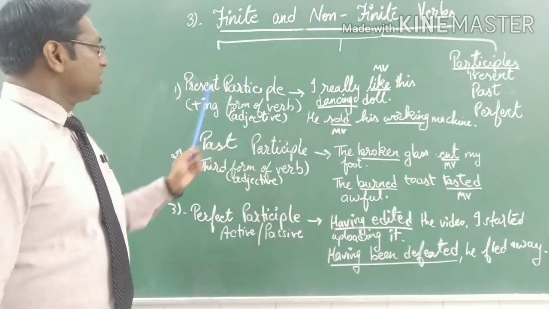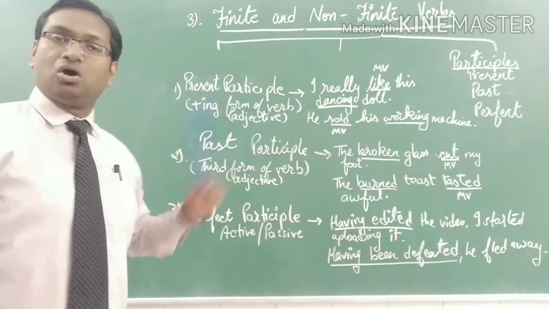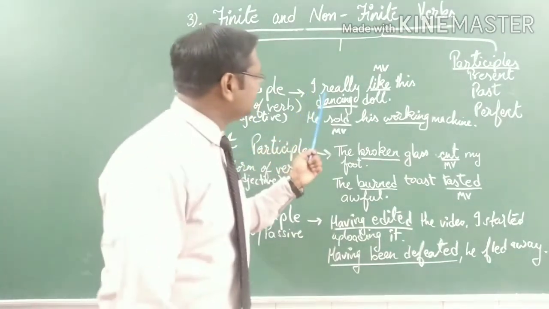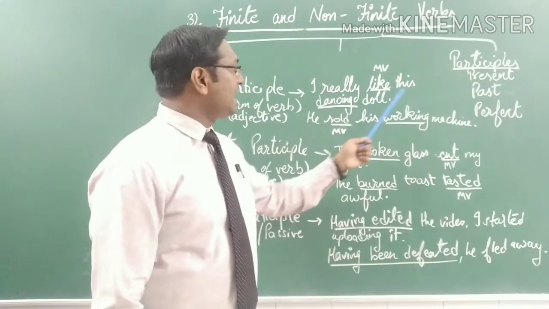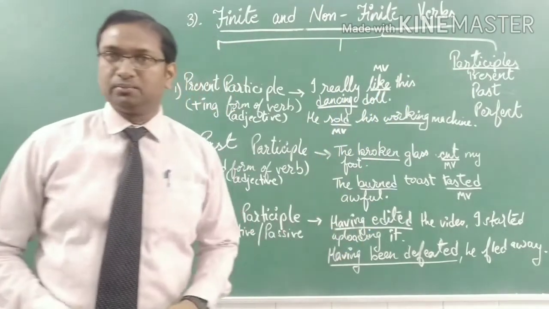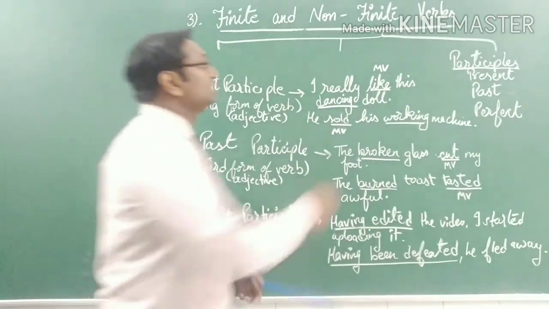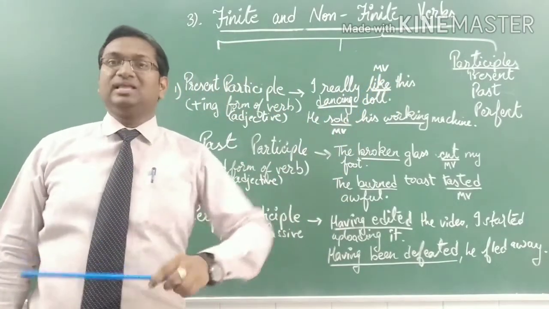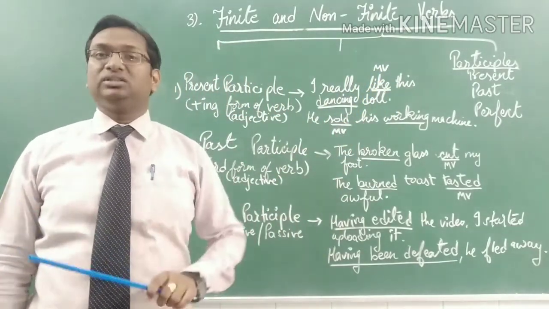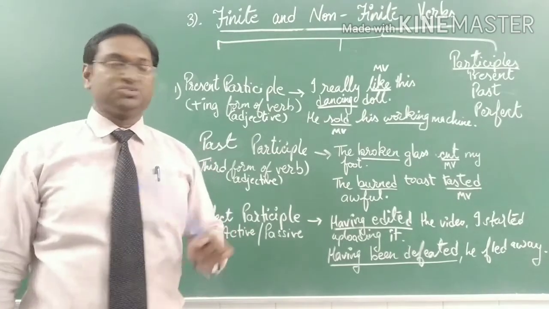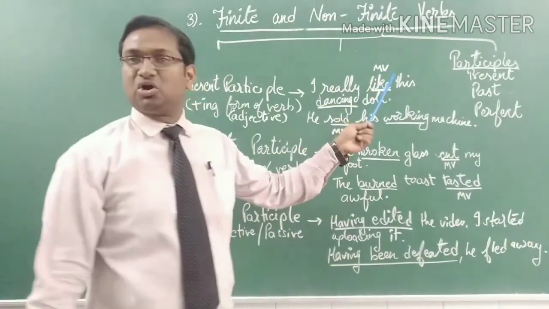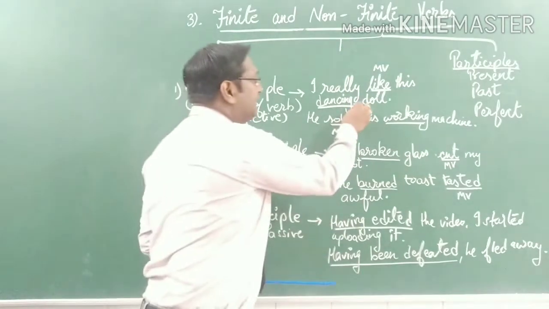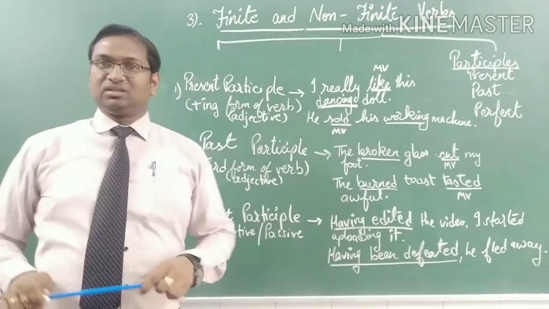Present participle, ing form of the verb along with adjective. Now see the example. I really like dancing doll. Now over here, like is your main verb. As I told you that non-finite verbs are not the main verbs. So over here, like is your main verb and dancing.